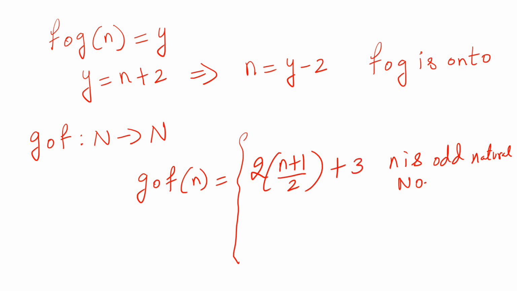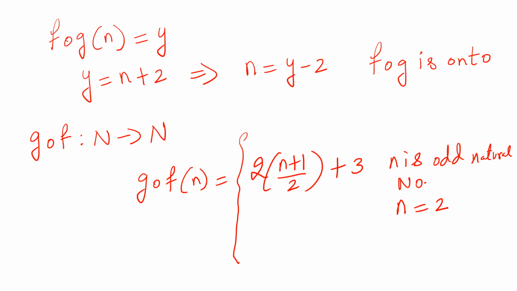Right? Now students, when we take n as an even number, we cannot find the function g of f of n directly. For this, we will have to make three cases. Now the first case is when n is equal to 2. Now when n is equal to 2, then the value of f of 2 will be 1, right?